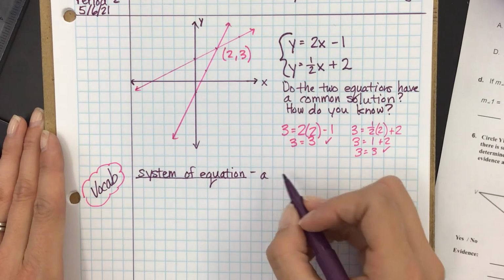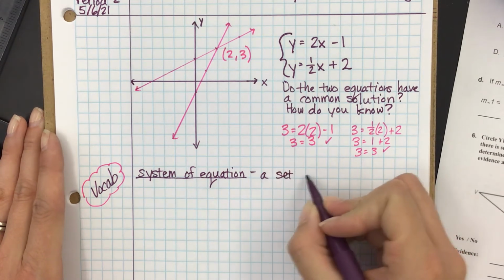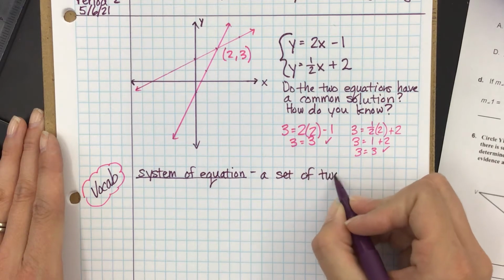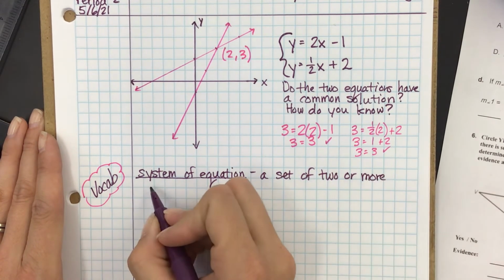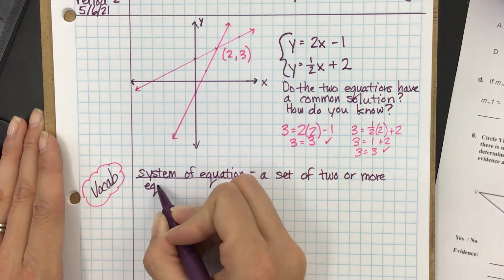Okay, so a system of linear equations is a set of 2 or more equations.